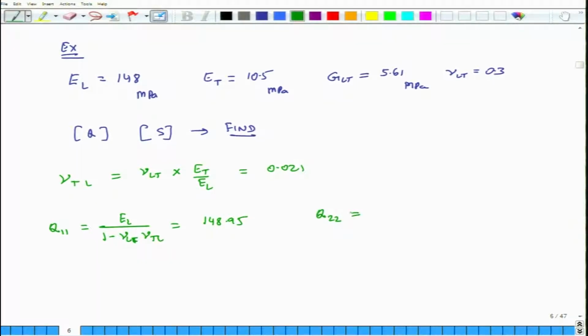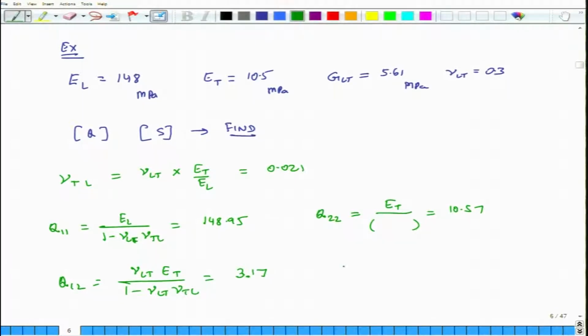Q22 equals ET divided by the same thing, and this is equal to 10.57. Q12 equals nu LT ET divided by 1 minus nu LT nu TL, and if you plug in all the numbers you get 3.17.